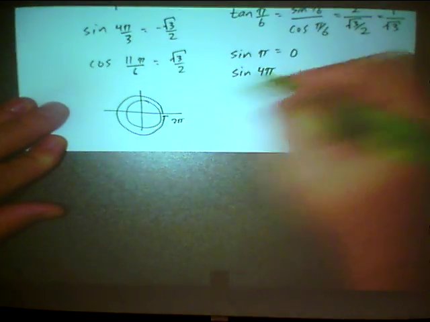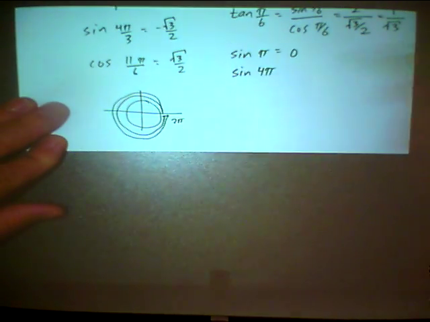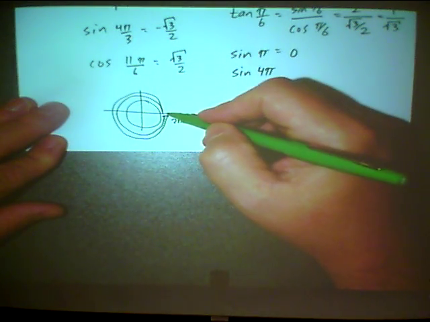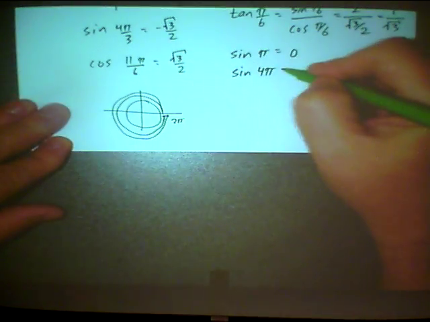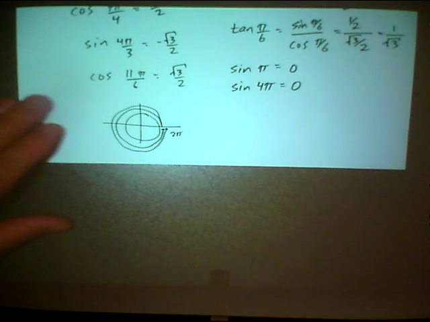So what would 4π be? Two trips around the unit circle. Where do I end up? I end up back right here at 0 or 2π. So what's the sine of that point? Well, the y value at that point is simply 0.